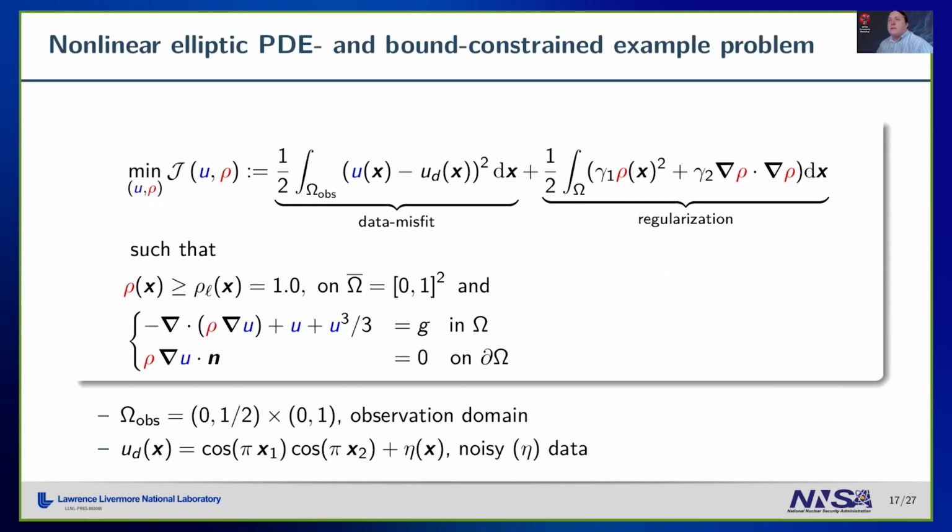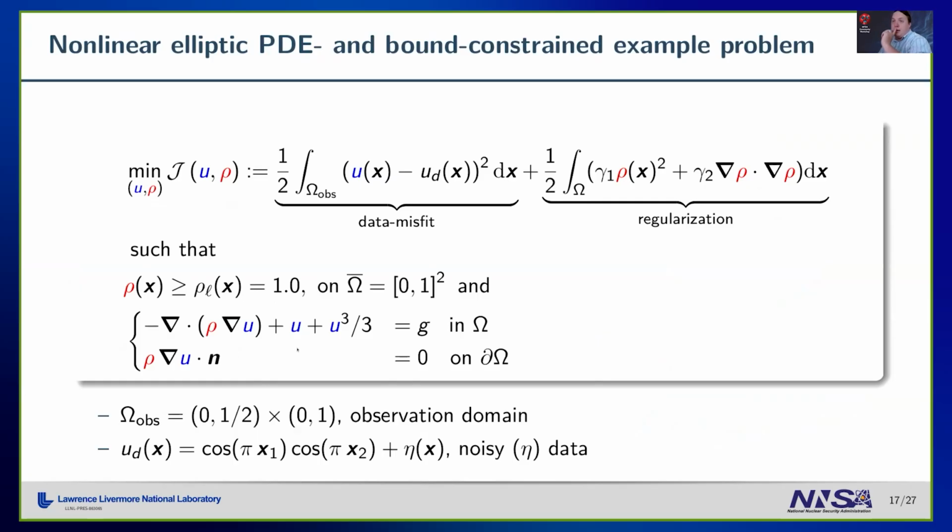Okay, so now for some numerics. For the first example problem, this is a nonlinear elliptic PDE and bound constrained optimization problem that I showed a little earlier. We have the following nonlinear PDE, looking to invert for this diffusion coefficient.